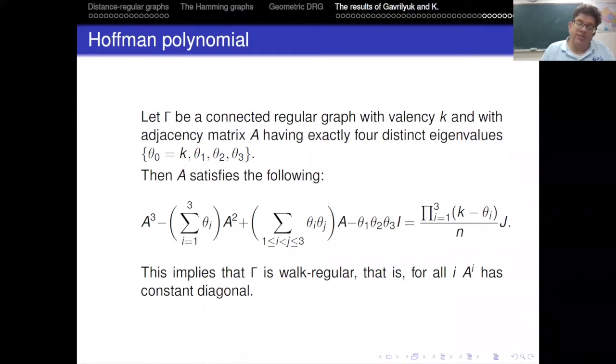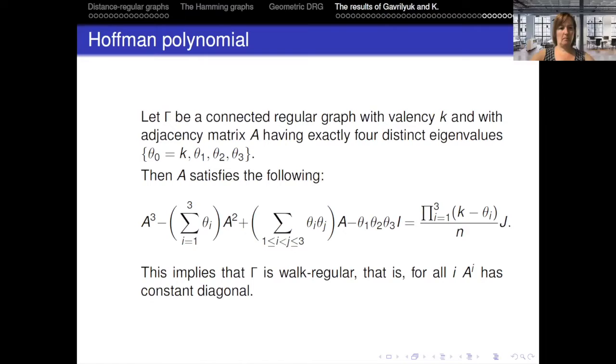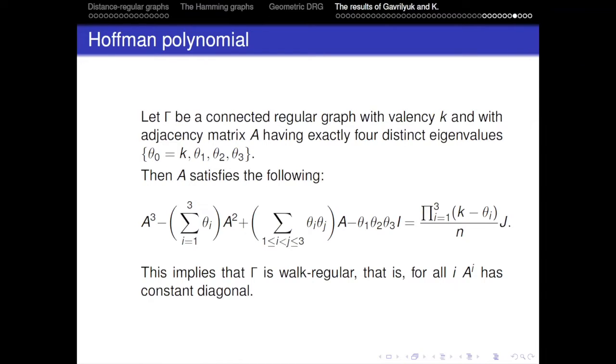The definition is that for all i, A to the power i has constant diagonal. It's true for the identity. It's true for A because the diagonal is all 0. It's true for A squared because it's k-regular, so it is all k's on the diagonal. And clearly it's true for the all-ones matrix.